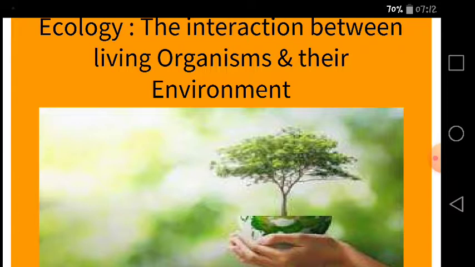Specifically, if we take the example of humans, we take the oxygen from the environment, and in return we produce the carbon dioxide and leave it in the environment, and this carbon dioxide is consumed by the plants for the process of photosynthesis, and in return they release the oxygen in the environment. So in this way you can understand how the organisms, animals and plants, and the environment are interacting with each other, and that is why they are very important for each other.